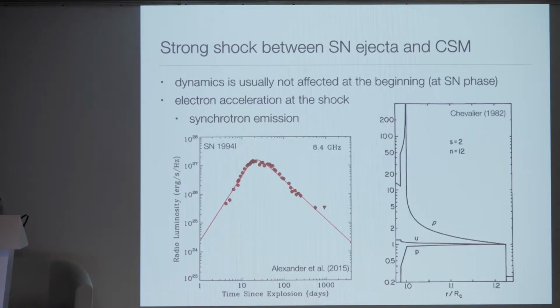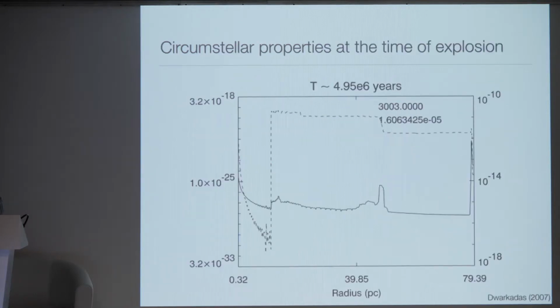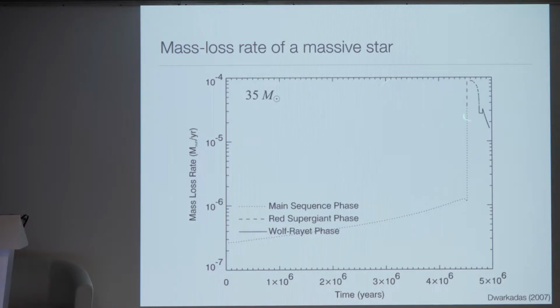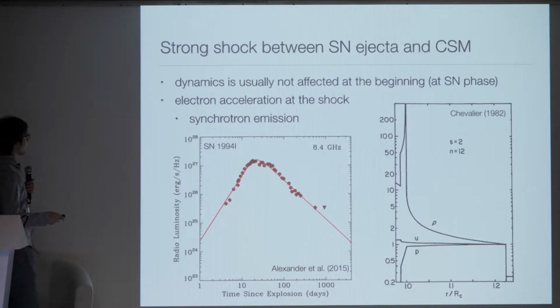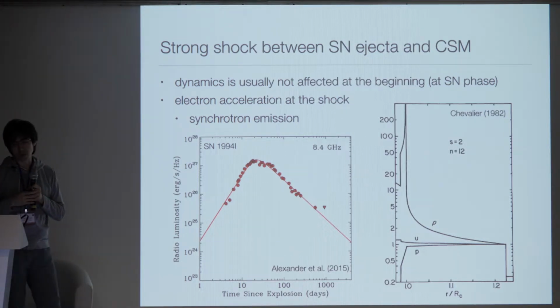So if the supernova occurs in this kind of usual circumstellar matter expected from normal stellar evolution theory, where the mass loss rate was 10 to the minus 5 solar mass per year or so, the supernova properties are not expected to be much affected by this circumstellar matter, because the supernova ejecta is at least several solar masses.